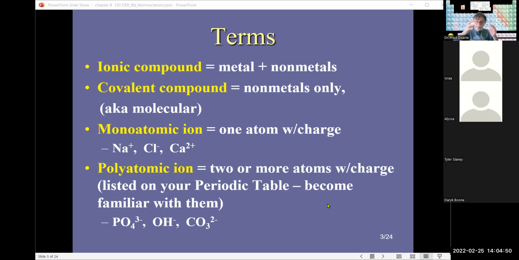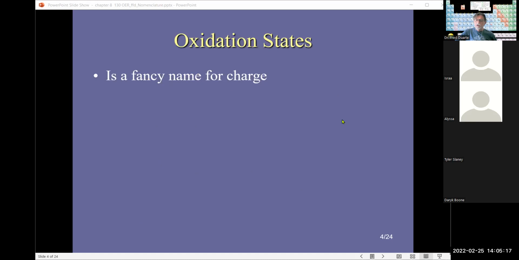That name stays whatever it is, and that formula stays whatever it is. That would not be called phosphorus oxide. It's phosphate. That's it. The OH next to it would be called hydroxide, and the carbonate, etc. Okay, so it wouldn't be carbon trioxide. It's not even, no, because these are ions and they have their own specific name and charge. Okay.